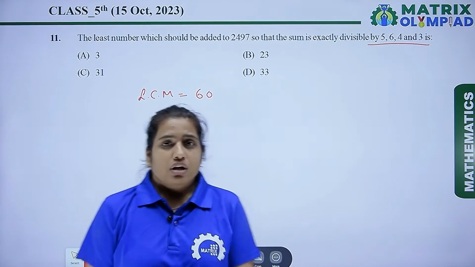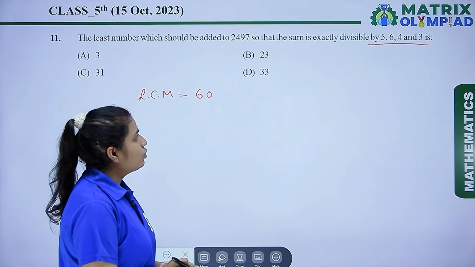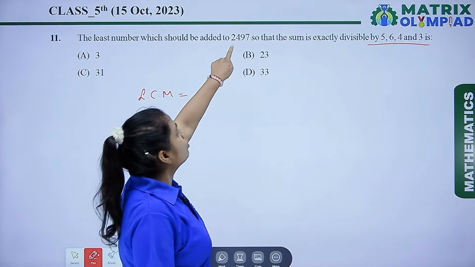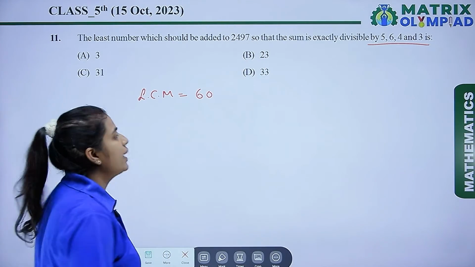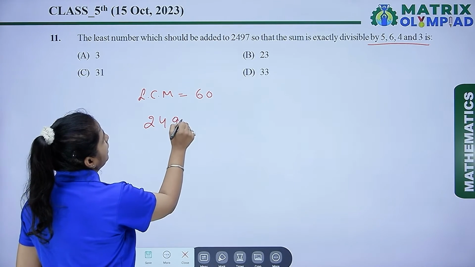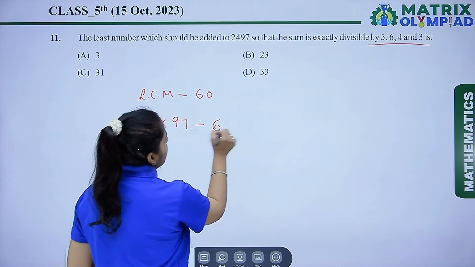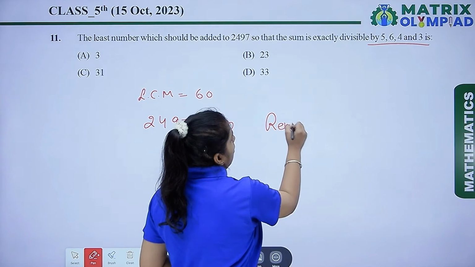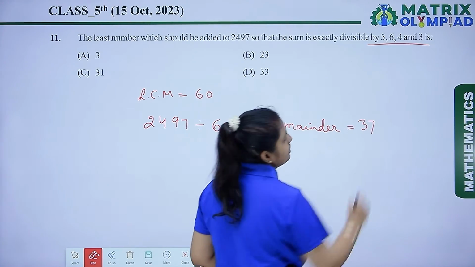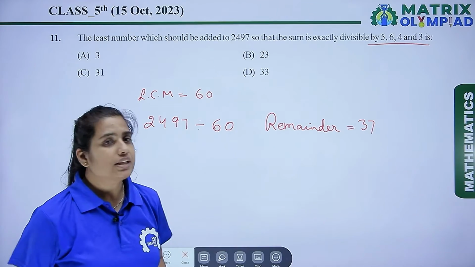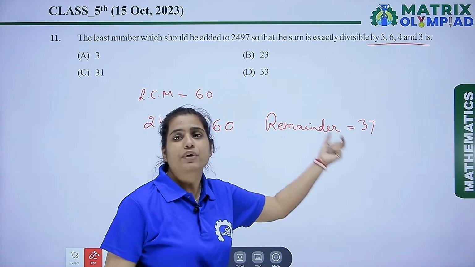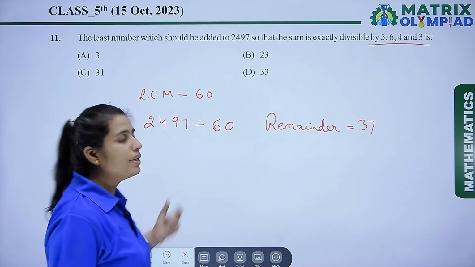So first what we have to do, after finding out the LCM we have to divide 2497 by 60. तो जब हम इसको डिवाइड करेंगे 2497 को 60 से, we will get a remainder, that is 37. तो जब आपको रिमाइंडर मिल जाएगा डिवाइड करने के बाद, so what we have to do, we have to subtract 37 from 60.